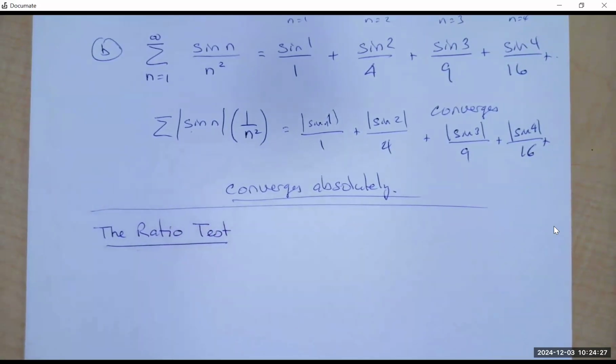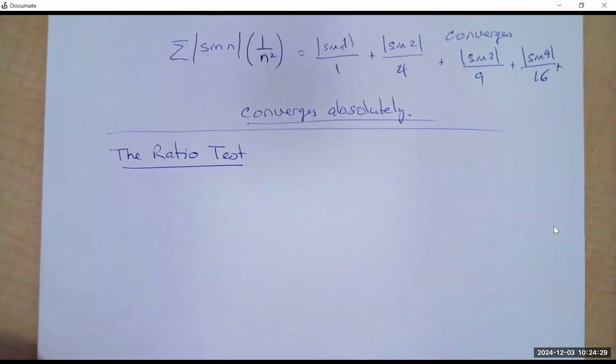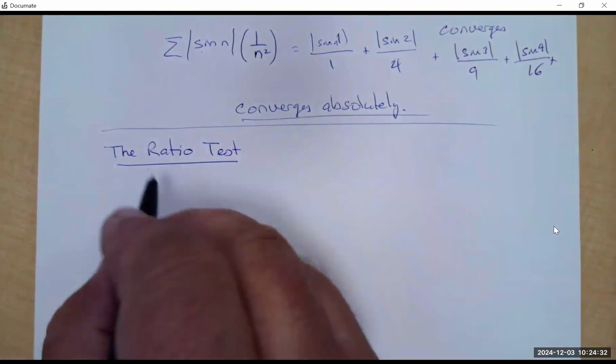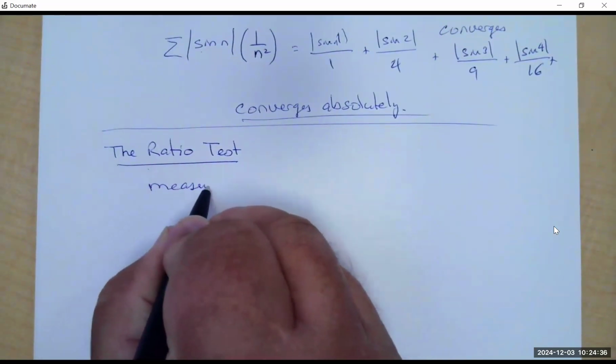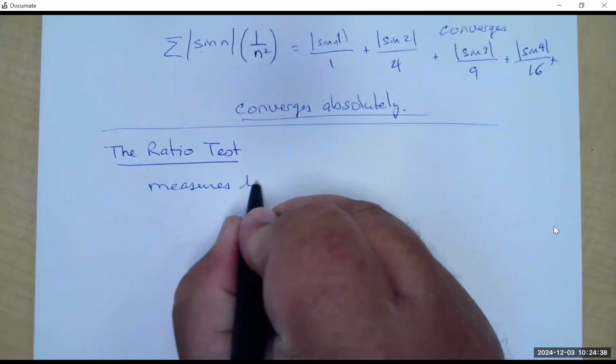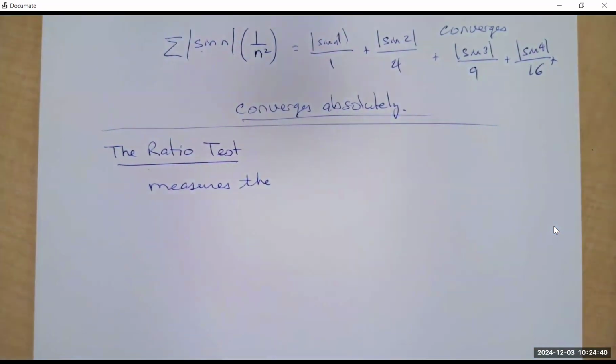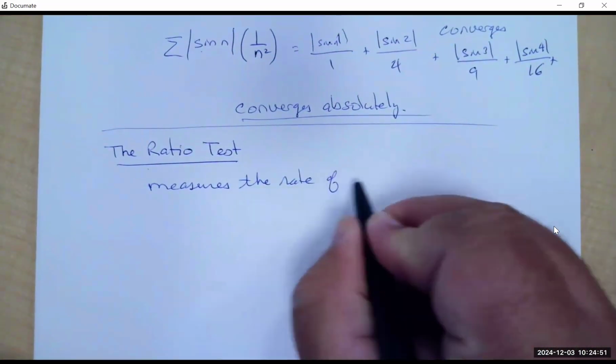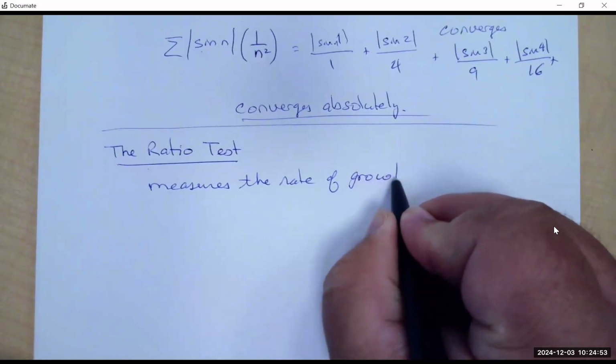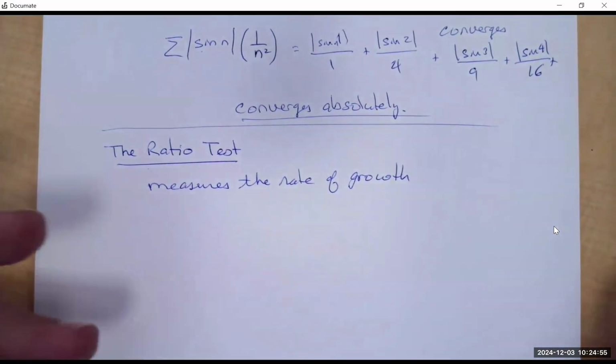The ratio test. The ratio test measures, remember, whenever we deal with a fraction, like the slope y over x, we deal with a rate of something. It measures the rate of growth. Is there always going to be growth?